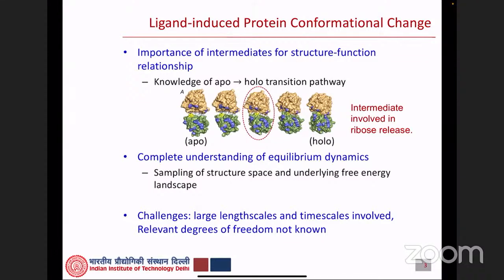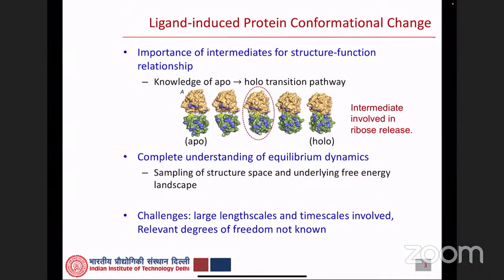In terms of challenges, this has been discussed a lot. This is a large landscape, large time scale problem. If there are allosteric effects moving away from the ligand interface, many other residues are involved. In that sense, it becomes a global, protein-size problem.